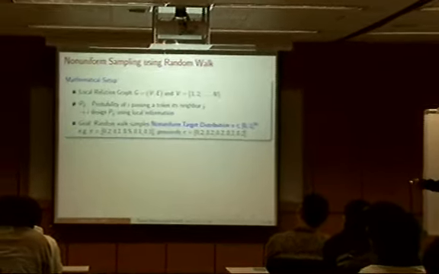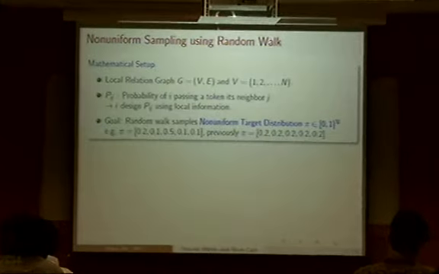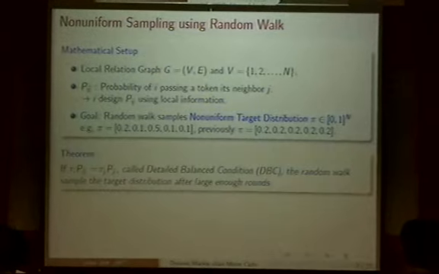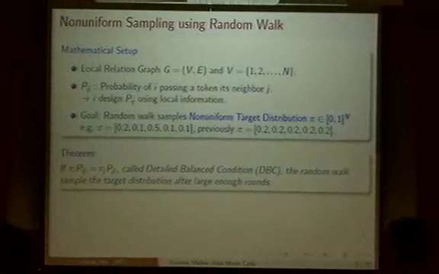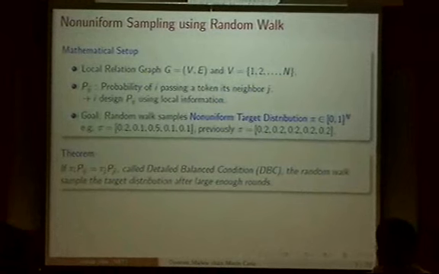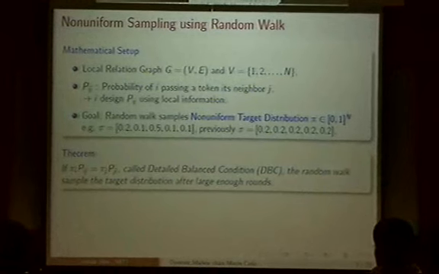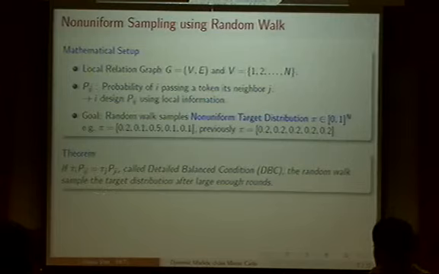So in this non-uniform case, as I explained before, a similar theorem holds. If pi_i times Pij equals pi_j times Pji, in the previous case, pi_i equals pi_j, hence this is cancelled.